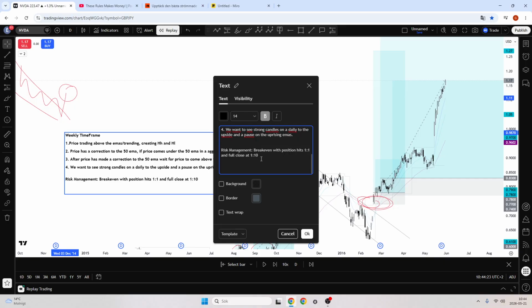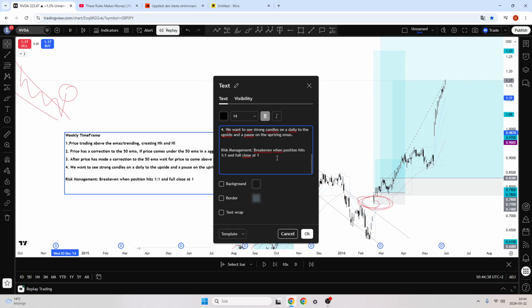So let's see, risk management, break even with position when position hits 1 to 1 and full close at 1 to 10. But this time I will actually change this to see the results.